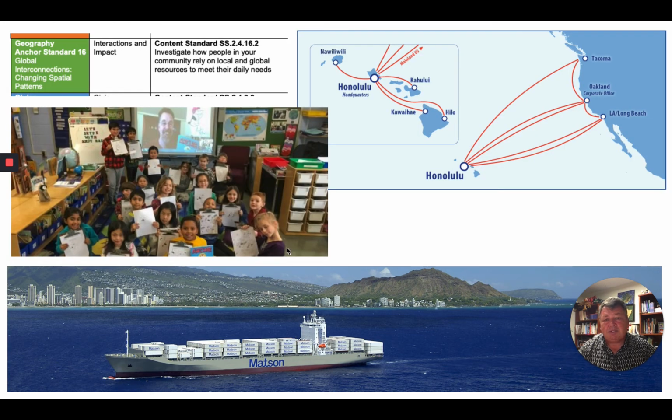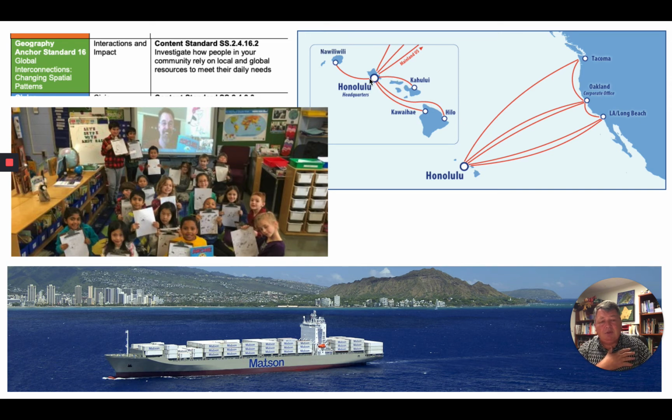By the way, when I was looking at that content standard on how people rely on local and global resources, I saw this, looking at global interconnections. And it's a geography anchor standard too, and that got me thinking, if I was talking to someone from Matson and they were able to come up and talk to my students about shipping and how shipping happens to the island, that would be really cool. We could put a map up on the wall and talk about the different shipping routes that they have to and from Hawaii, and maybe to and from the different parts of the island.